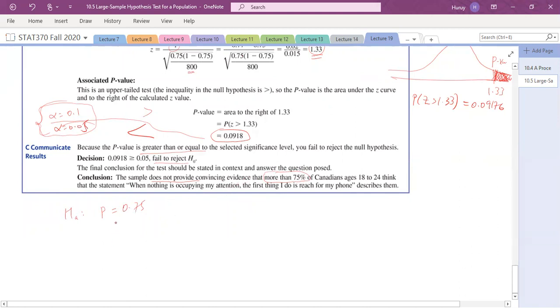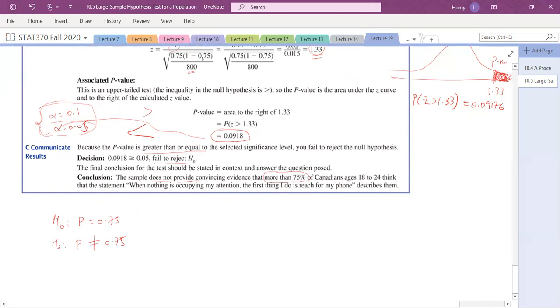Okay, now for the same problem, just to give you an idea, what if the alternative hypothesis was not equal to 0.75?